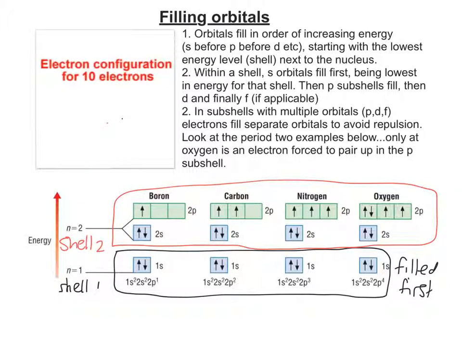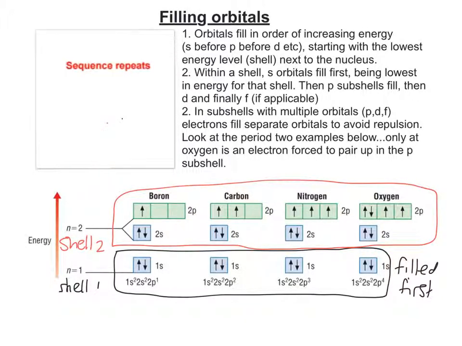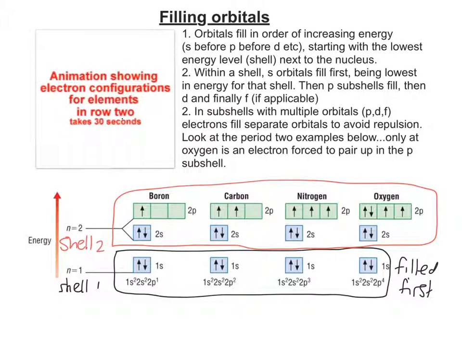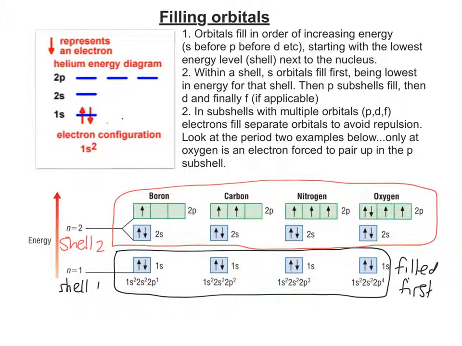If you have a look at the total number of electrons, that will be represented by the configuration at the bottom of the animation, 1s2.